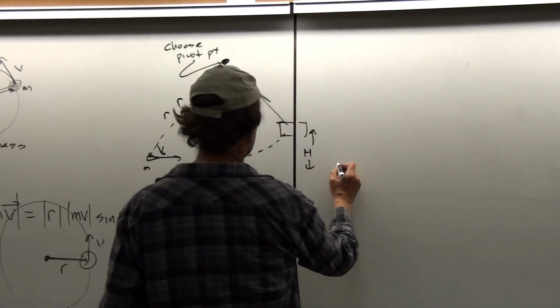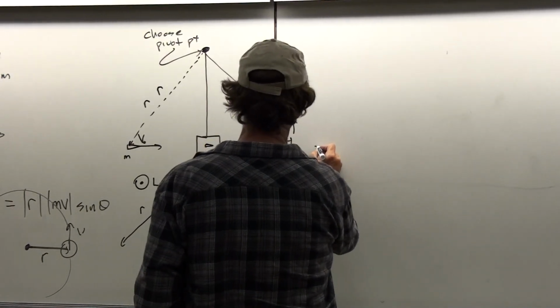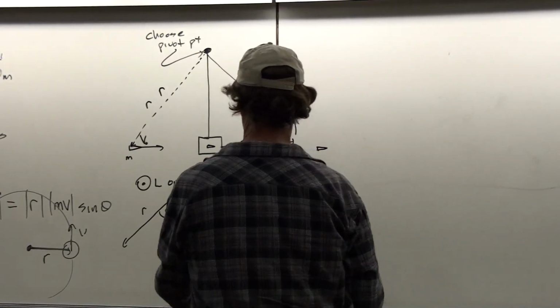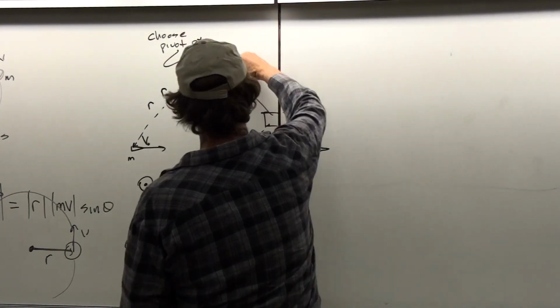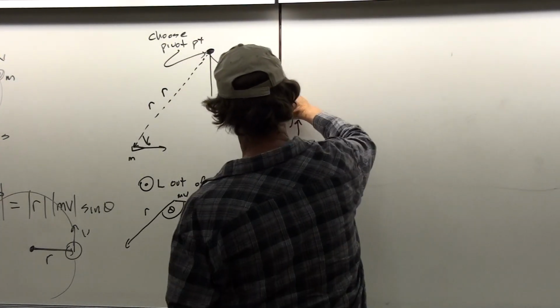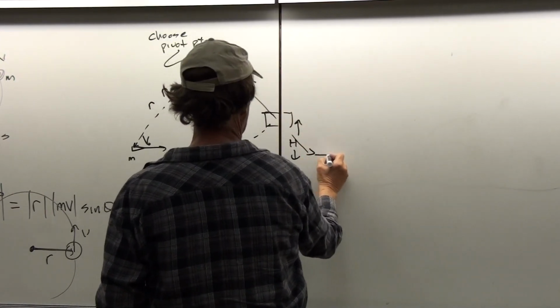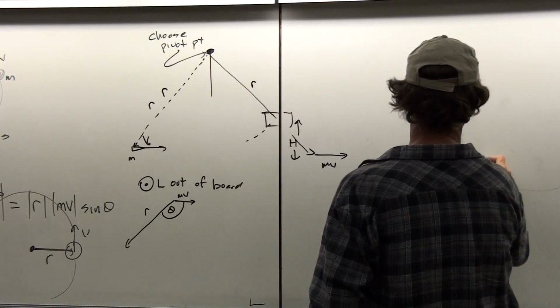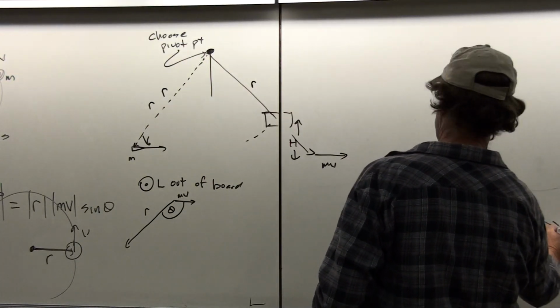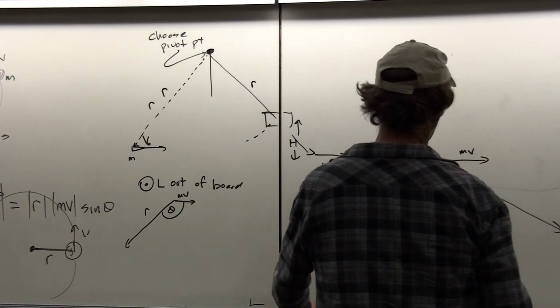Now, when it gets over to this point, if it didn't hit that block, let's just say it goes on its own. Let's take the block out of it for a second. Let's say it's over here. You could also figure out the angular momentum here. Some distance r away. This would be mv. And at this point, it would be r, this would be mv.